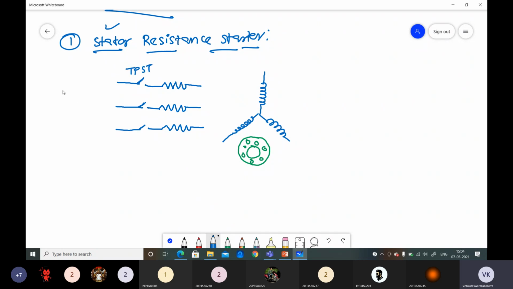This one is the TPST switch, 3-phase supply.